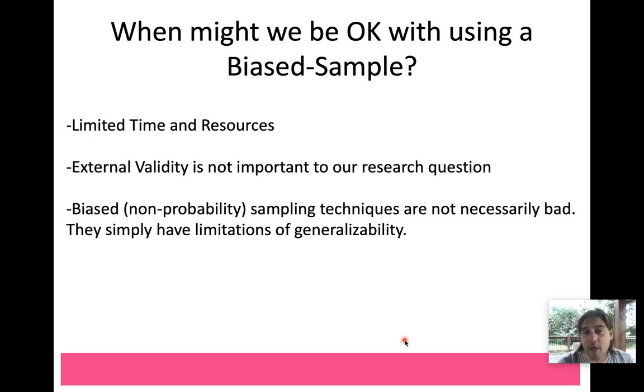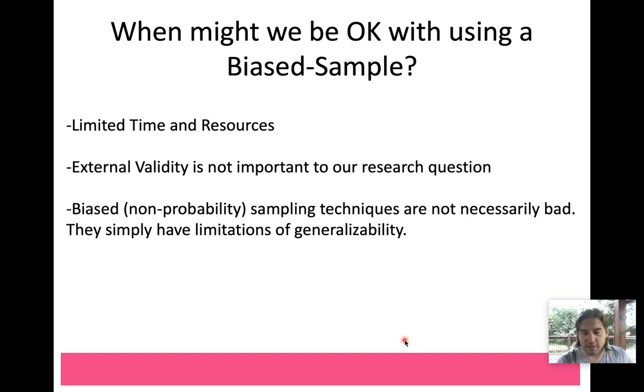We also might be okay with using a biased sampling method if external validity is not important to our research question. This is exemplified by the quota sampling method. I don't care about applying this to all Georgia State students. I am explicitly interested in African American, Asian, and Latina students.